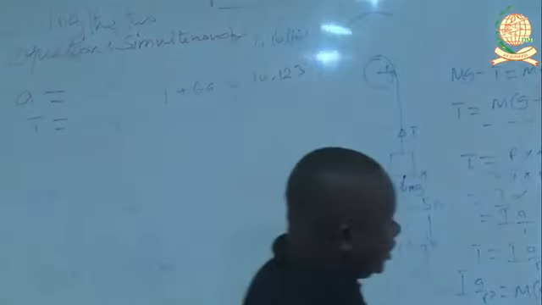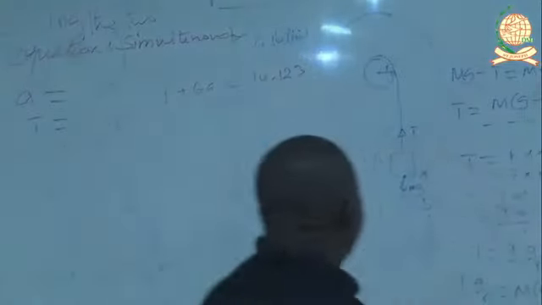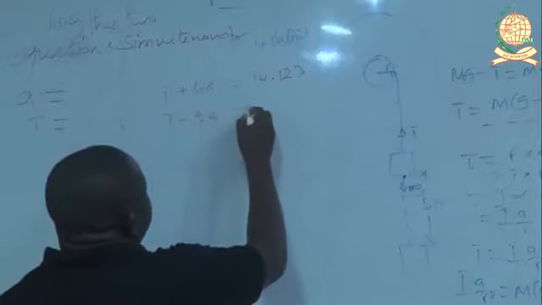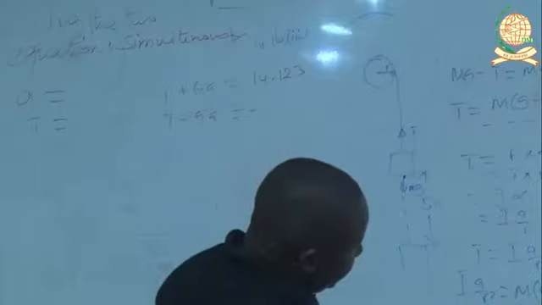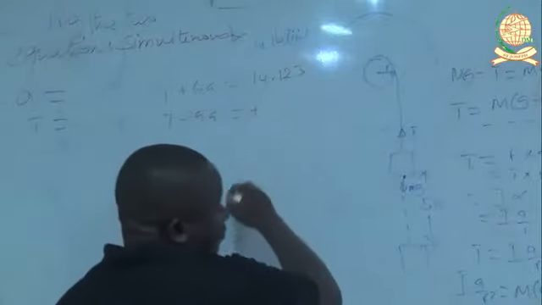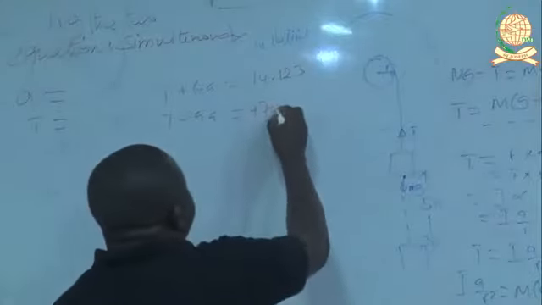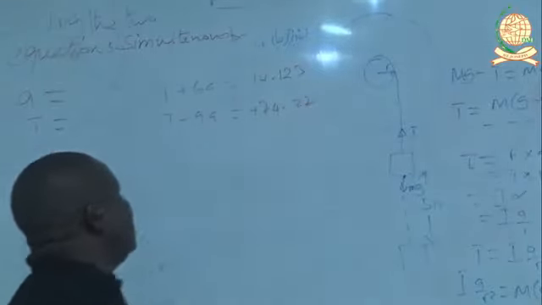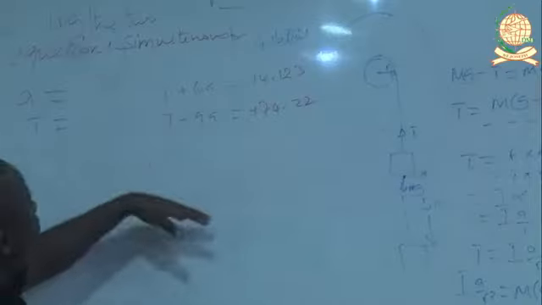The second equation, you start with t, then this will be t minus 9a equals to negative or positive 74.22. Then you can solve.